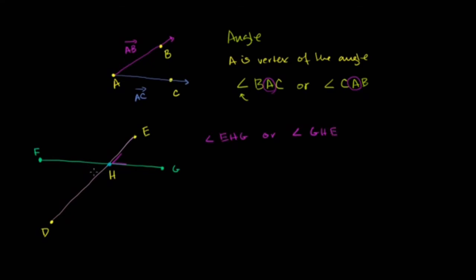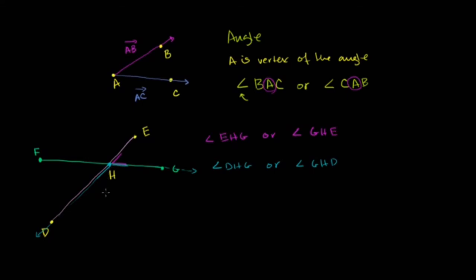If you wanted to specify this angle right over here, if you imagine that ray and that ray, and you kept on going past those points, then you could call that angle DHG, or angle GHD. I think you get the point. This angle up here could be FHE or EHF, and this one could be FHD or DHF. When you do it this way, it's very clear what angle you are referring to.